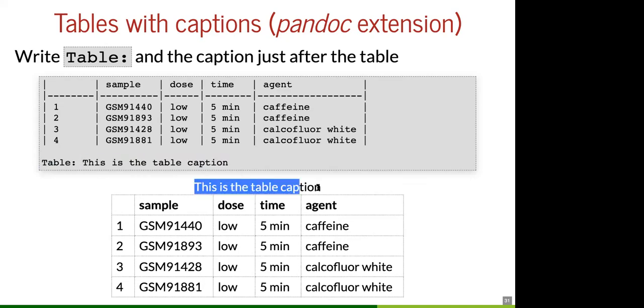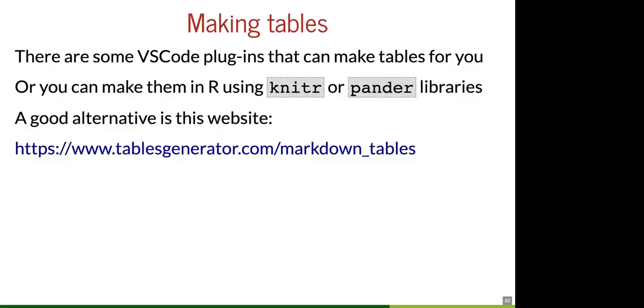And you see, this is shown up. Next class, I am going to show you an extension that allows you to put numbers automatically here. So the figure numbers and the table numbers are going to be automatic. It is an extension that we are going to talk about next class.